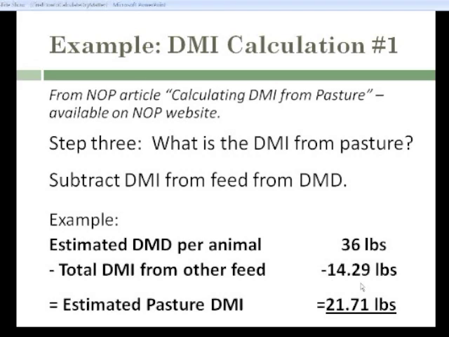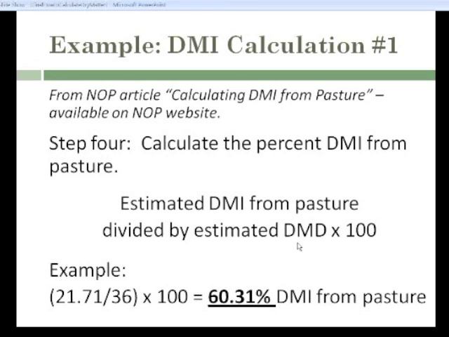So we're just going to subtract 14.29 from 36, and that's going to give us 21.71. So this is the estimated amount of dry matter in pounds that this farm is predicting that they're getting from pasture. And in the next step, we're going to calculate what that is as a percentage dry matter intake from pasture.